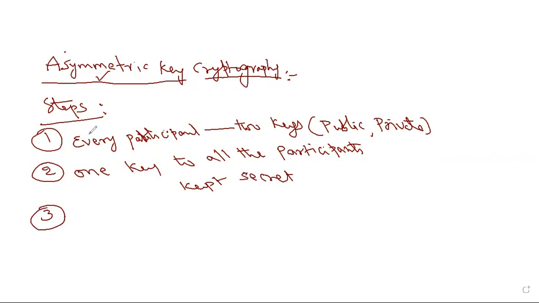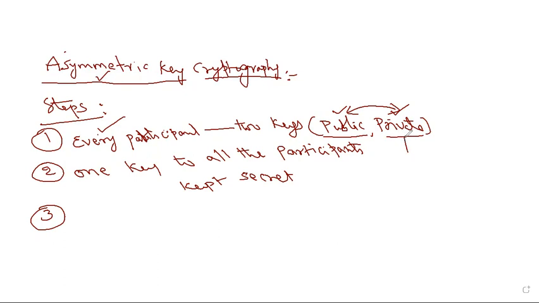So in the first step, every user generates two keys: one is called the public key, and the other is called the private key. These two are mathematically related to each other. If you use one key for encryption, the other key must be used for decryption.